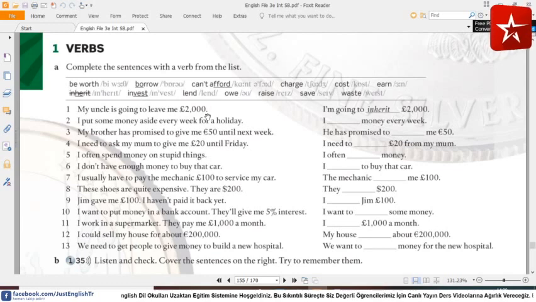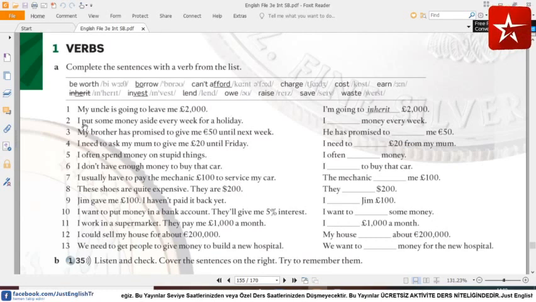It means that when my uncle passes away, dies, after he's dead, his money will come to me, 2,000 pounds will come to me. So I'm going to inherit 2,000. Inherit is kind of money from someone to you, so you can get that money.